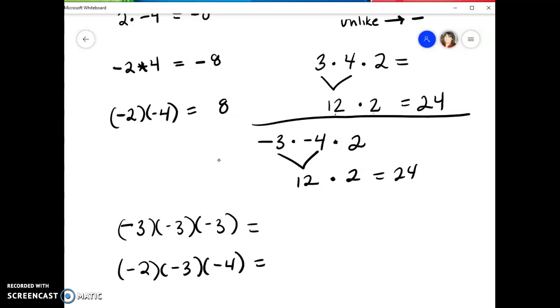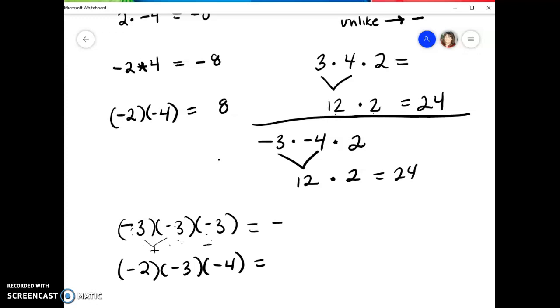And so when that happens, if you have 3 negative signs, if you multiplied the first two together, it would become positive, no matter what the number is here. And then I multiply the next one, so unlike signs, then this would be negative.